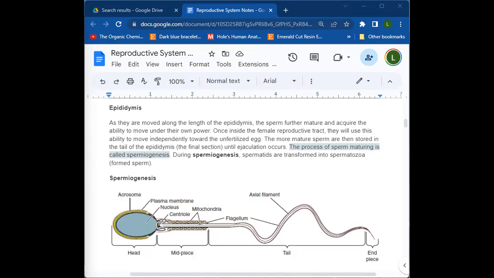They're also going to get pieces of equipment. Inside the epididymis, the sperm get a head, a midpiece, and a tail. The head contains the nucleus with, of course, the DNA. But also on the head, at the very tip, is the acrosome.